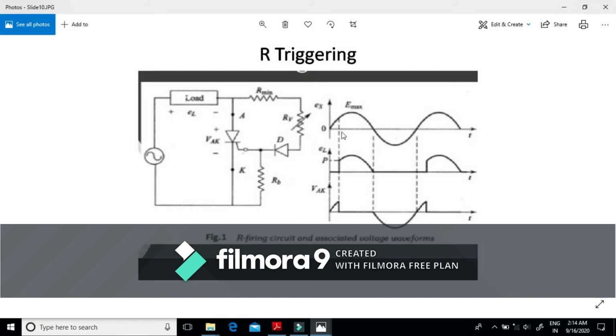That means the highest range for alpha is 90, and the lower range will be less than 90. So the triggering angle range in this resistance R triggering is from 0 to 90.